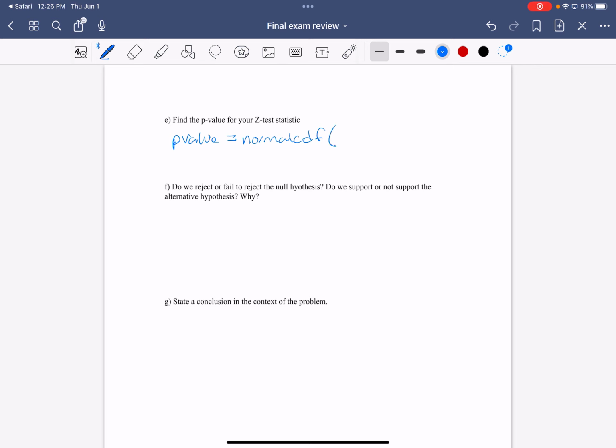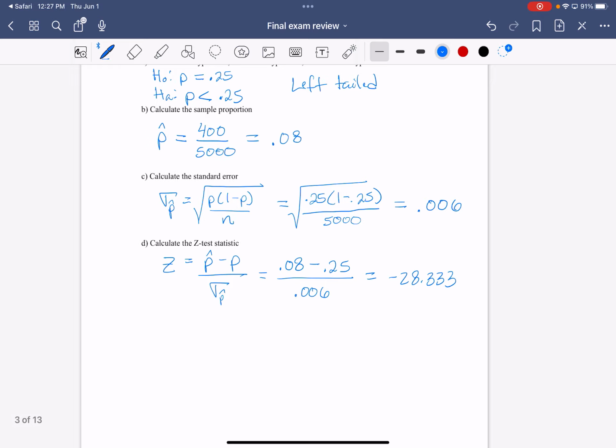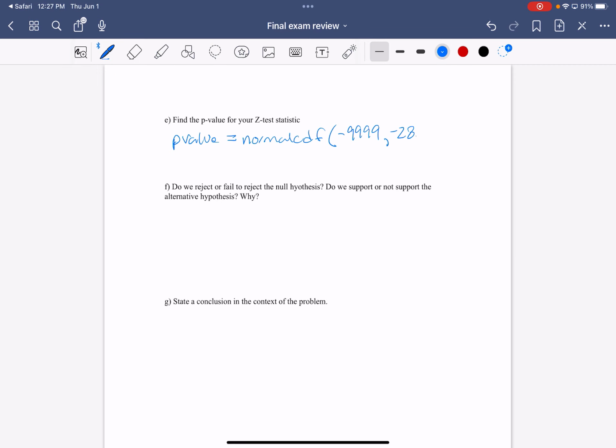All right, what's my lower value? Negative 99999, because it's a left-tailed test. Then the z-score was negative 28.333, followed by 0 and 1. Plugging that into your calculators, that will give you 0.